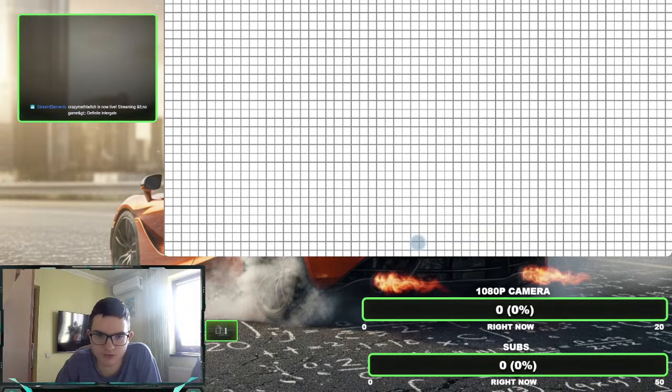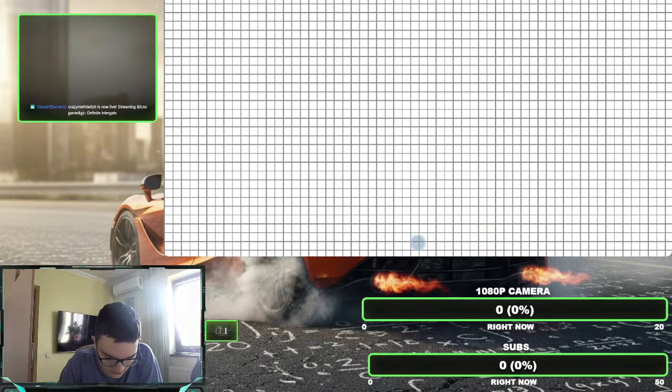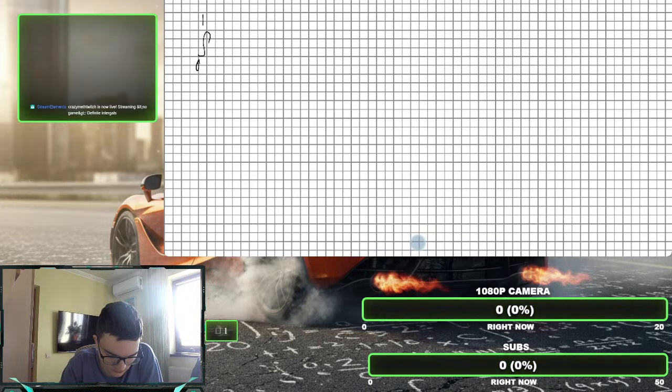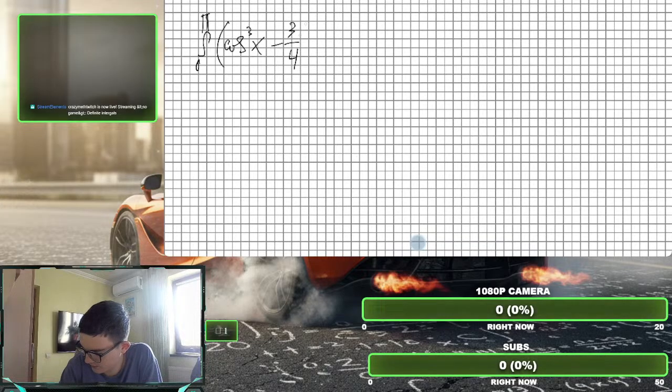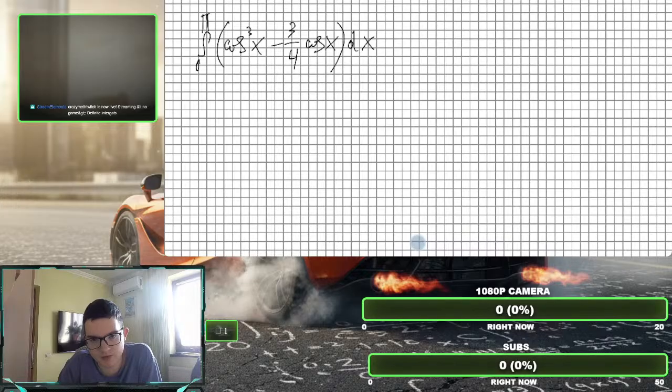and I'm gonna take a larger one, but maybe necessarily it will not be that difficult. Integral from 0 to pi of cos to the third power of x minus 3 divided by 4 cos x dx.